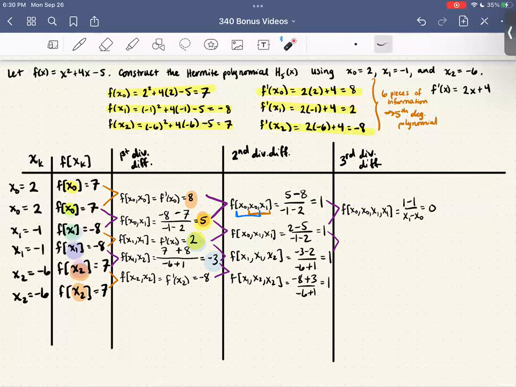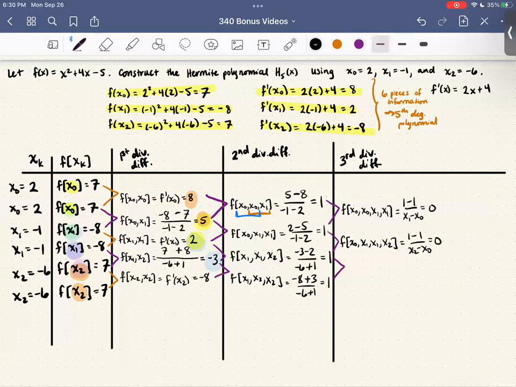All right, the next one is going to be x0, x1, x1, x2. Again, I'll have 1 minus 1 in the numerator because I have 1 minus 1 here. And then I'm going to subtract in the denominator x2 minus x0. That's going to give me 0.